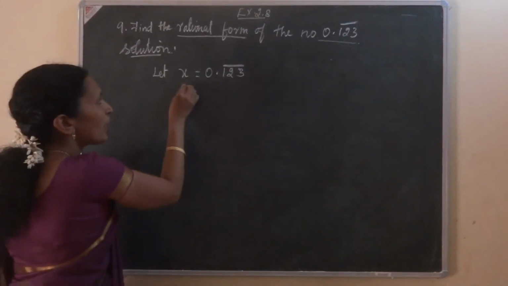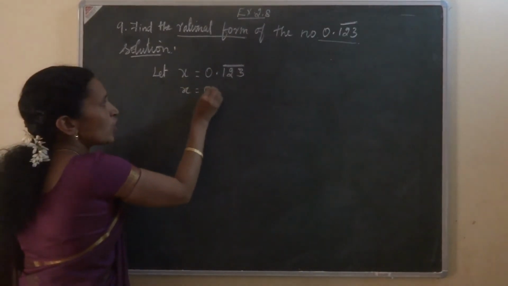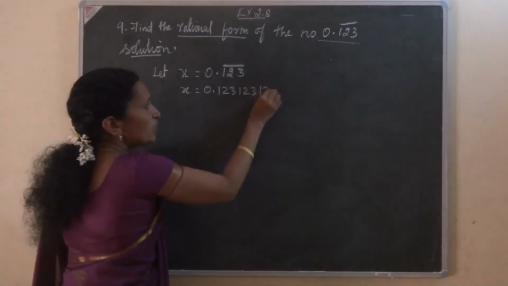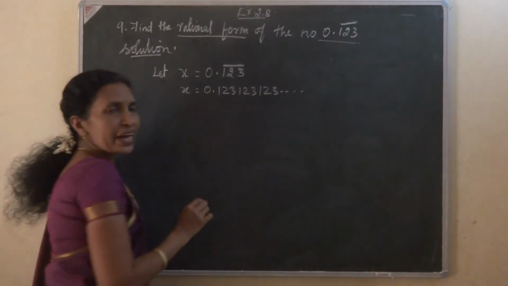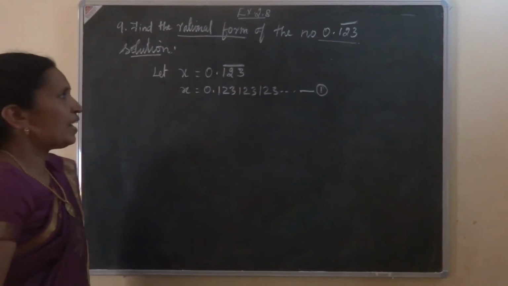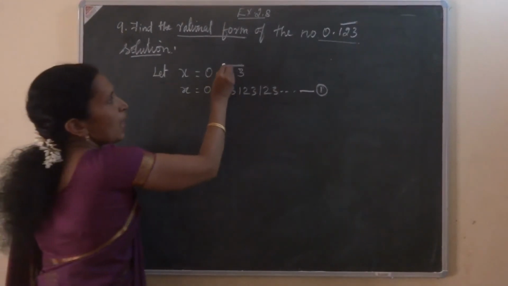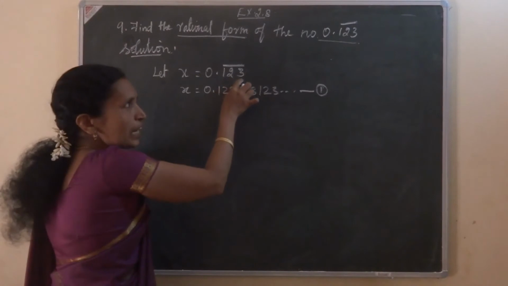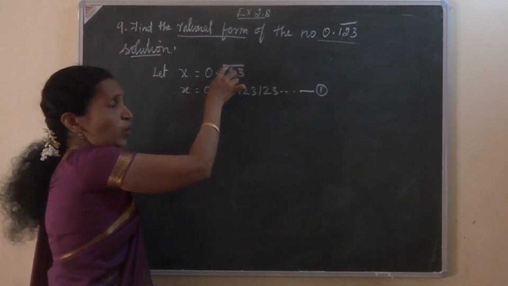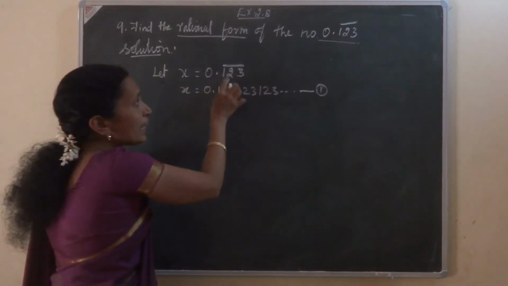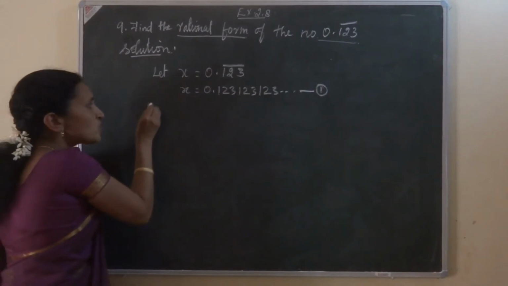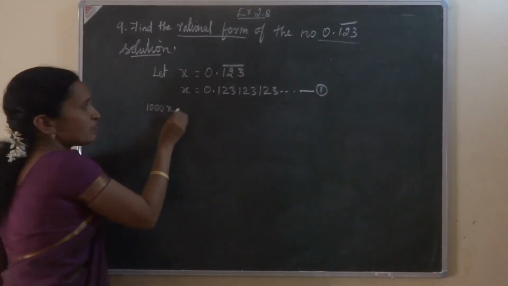Okay, now how you can write x equal to 0.123, 123, 123, so on. It will go like that. This one equation 1. Okay, next. Above the 1, 2, 3, 3 digit there, one bar is there, right? So here 3 digit, so you have to multiply here 1000x.